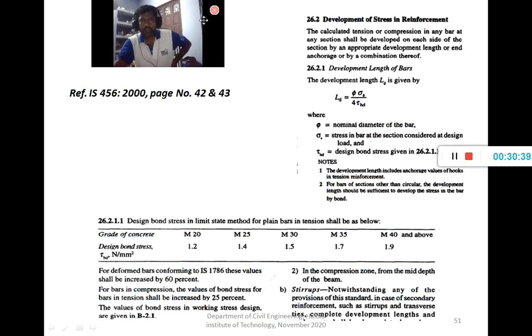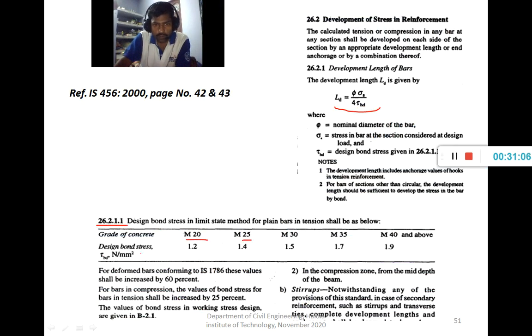You see that this expression is given, where LD is equal to phi times the stress S in the bar, which is 0.87 Fy, divided by 4 tau Bd. The tau Bd values are given in clause 26.2.1.1 for different grades of concrete.